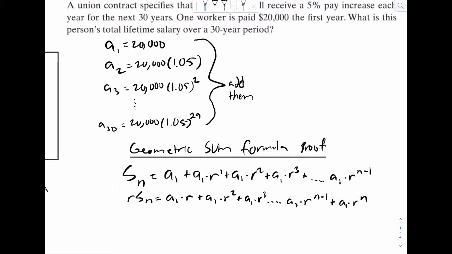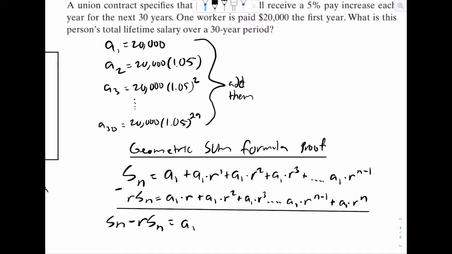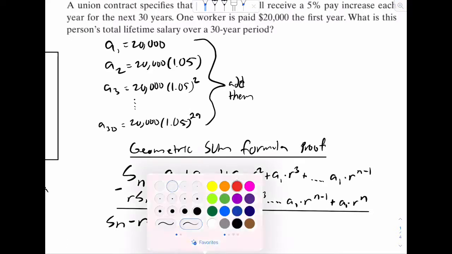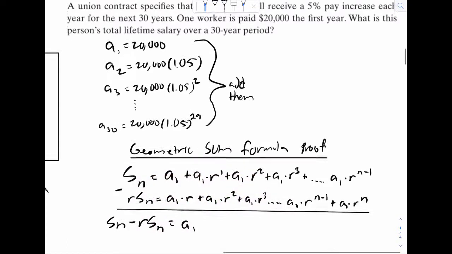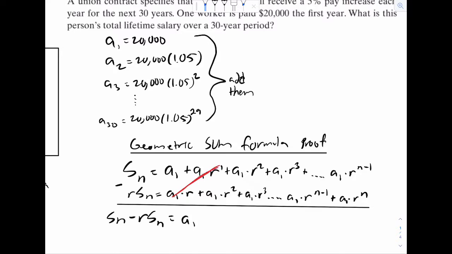Now, what we're going to do is take these two things and subtract them. And that seems kind of weird, but watch what happens. S sub n minus R S sub n equals, I have A1 here. There's no single A1, so that just stays here. But this is pretty cool. These two things are going to cancel.